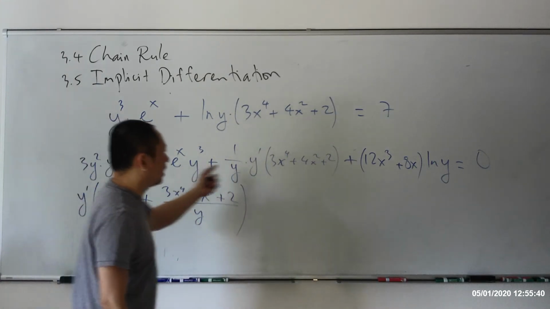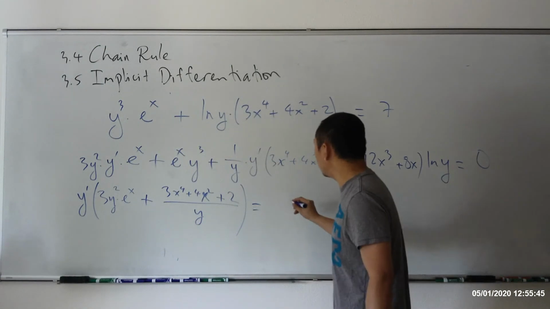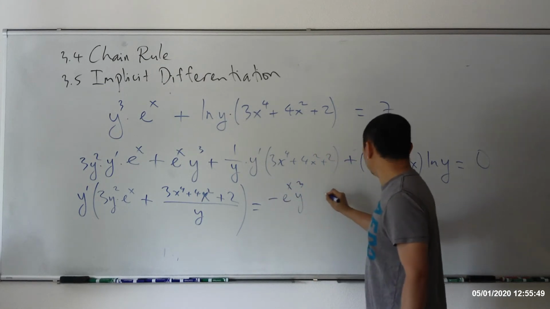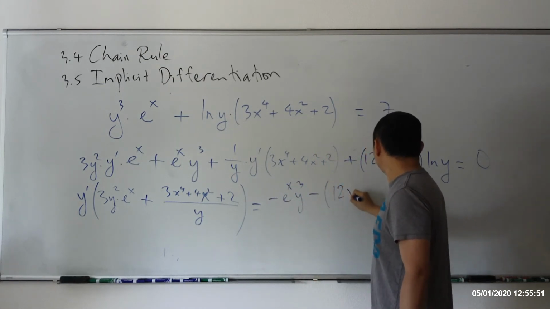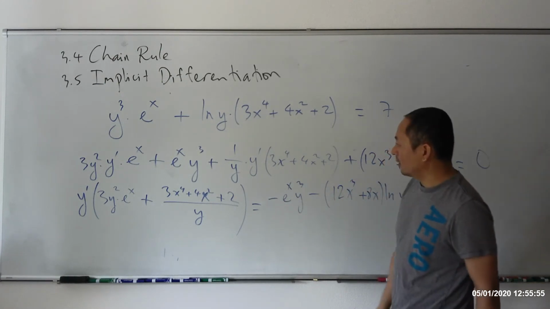And now I'm going to move all the terms without the y prime to the right hand side. So this one to the right is going to be negative e to the x, y cubed, and then negative 12x cubed plus 8x, ln of y.